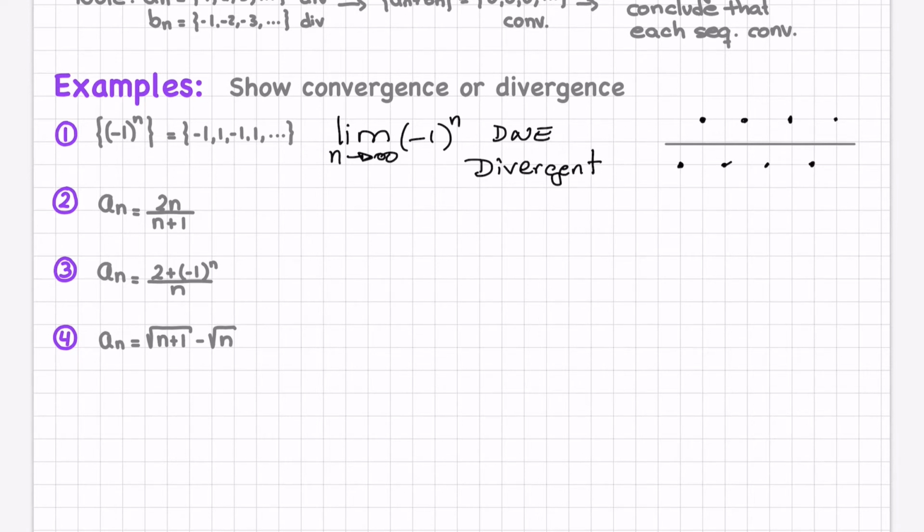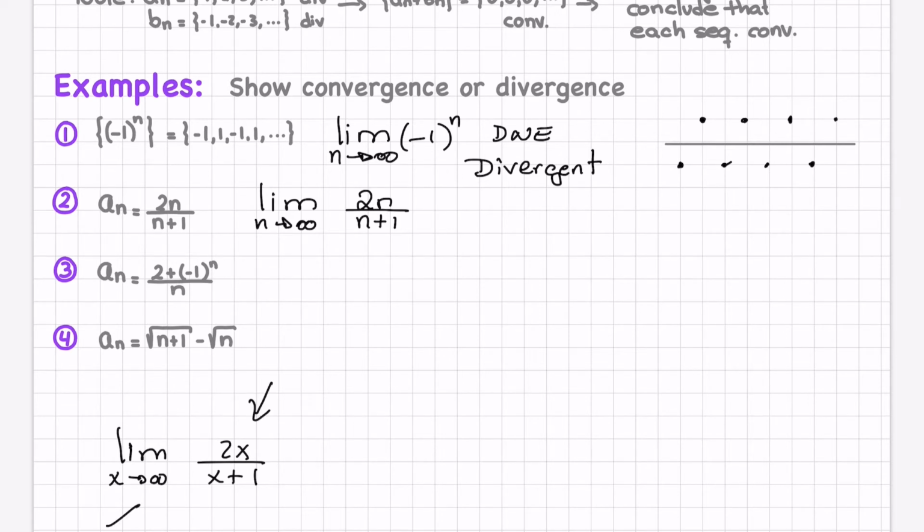To analyze the rest, you do the same. You take the limit as n approaches infinity of the general term, in this case 2n over n plus 1. Go back to your basic knowledge of limits. Remember the limit as x approaches infinity of 2x over x plus 1. This is a rational function, and this is a horizontal asymptote. The degrees are the same, 1 and 1.